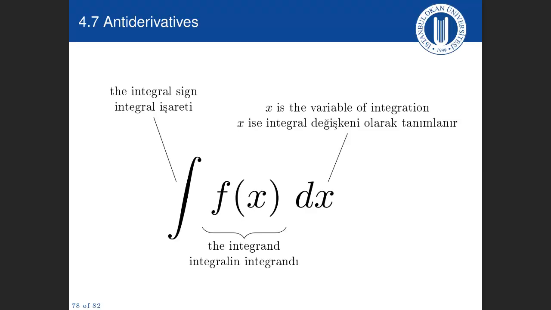This stretched letter s is called the integral sign. The function that we're trying to find the general antiderivative, or the indefinite integral of, is called the integrand. And the dx on the end tells us that x is the variable of integration.